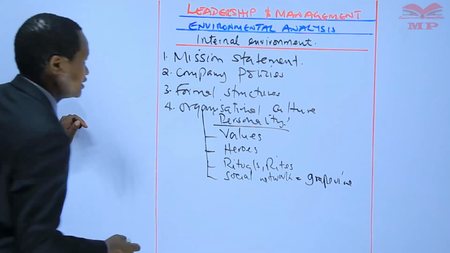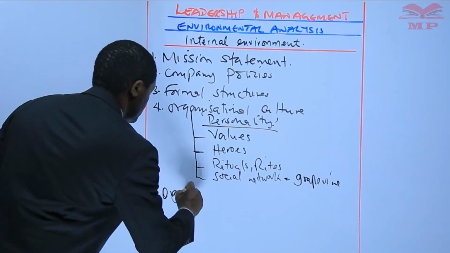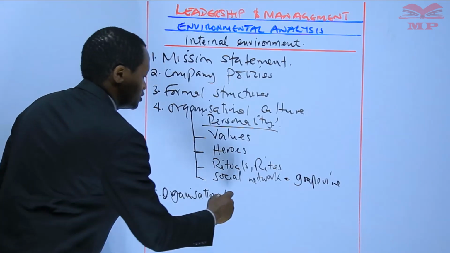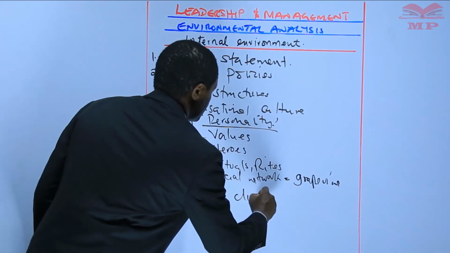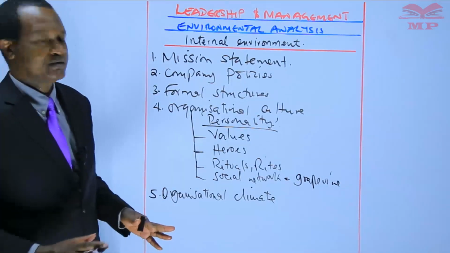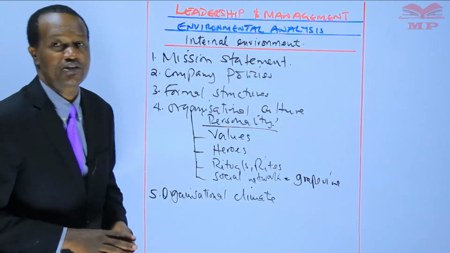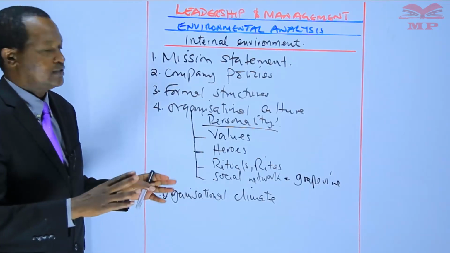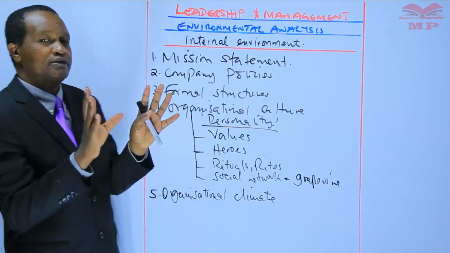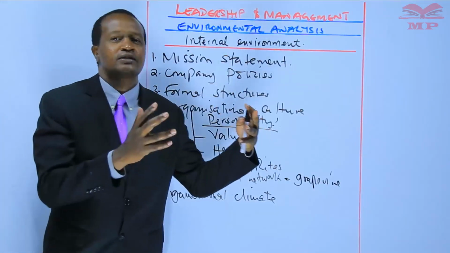Then the fifth component of internal environment, number 5, organizational climate. Organizational climate, candidates, is just a byproduct of company's culture, and it is the overall tone of the workplace and the morale of its workers.